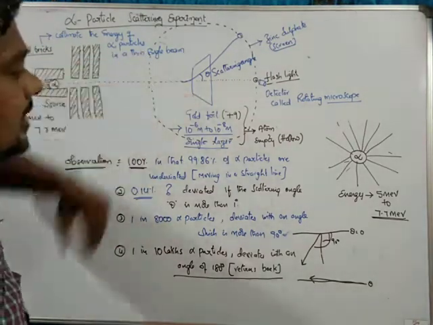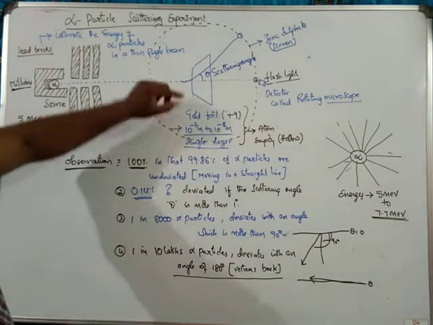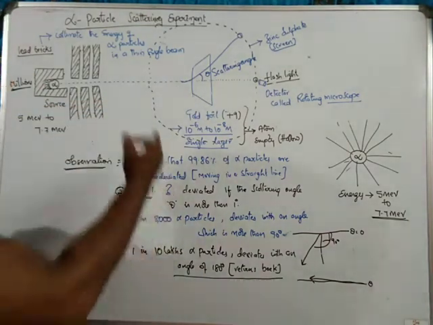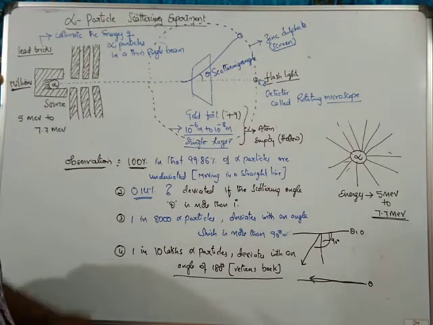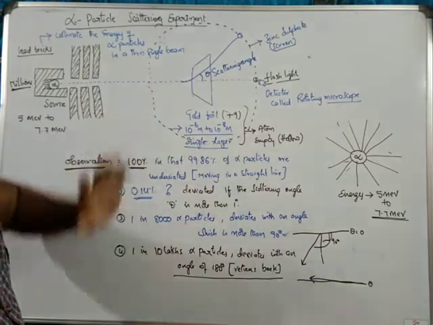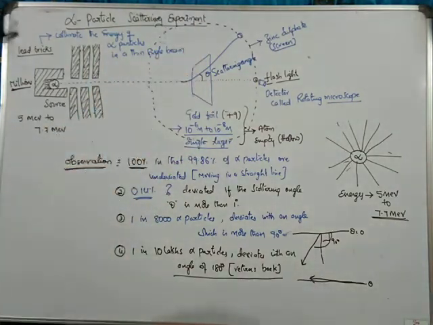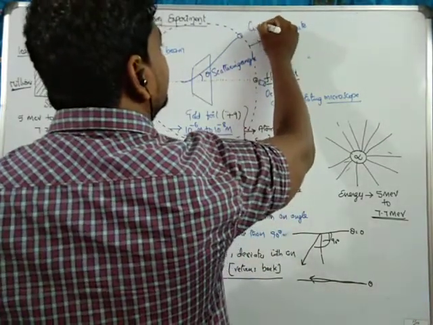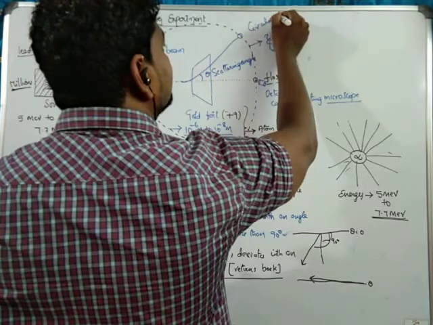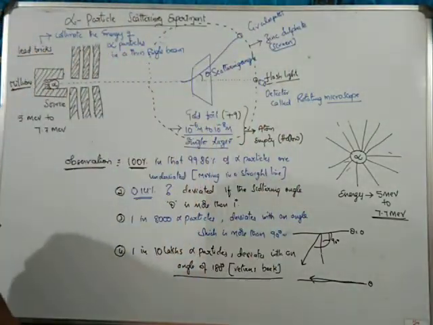And at the other end, we are considering the gold foil. It has an atomic number of 79, and the thickness of the gold foil is 10 to the power of minus 6 meters to 10 to the power of minus 8 meters, and we are placing a single layer. Around the gold foil, we are considering a circular path with a zinc sulfide screen.